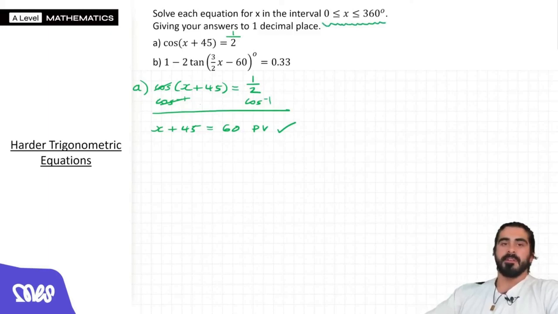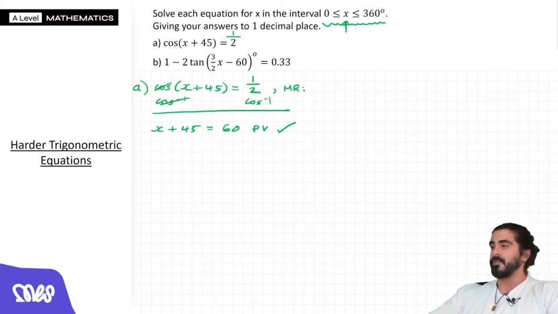But when you look at my function, it says x plus 45. These things don't match up. In order for us to apply the rules I've been telling you so far, you need to make sure that they both read x plus 45. And what that's called is modifying the range. You can call it MR.